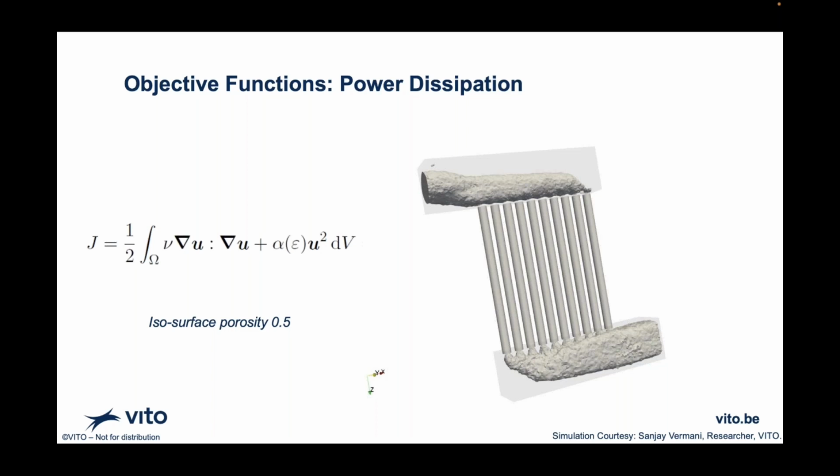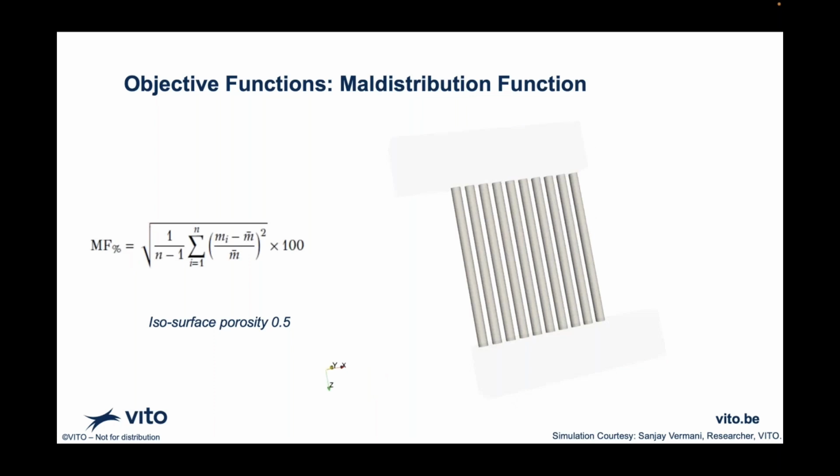Not all the time, because we would like a more even distribution of the fluid mass flow rate in each of these individual tubes, which is called the maldistribution function. And the design that we get for the manifold in this case is largely different as compared to when we use a power dissipation term.